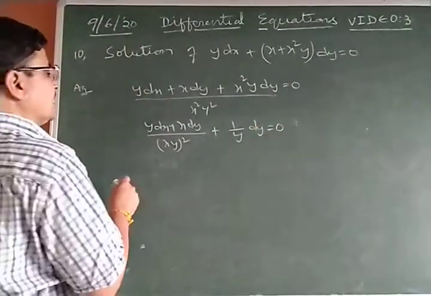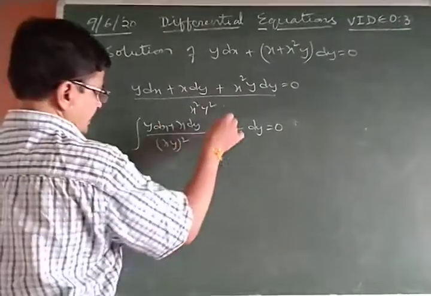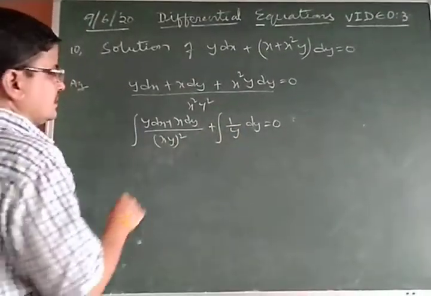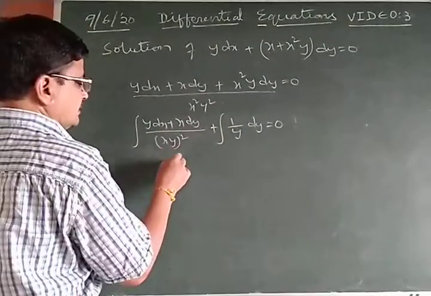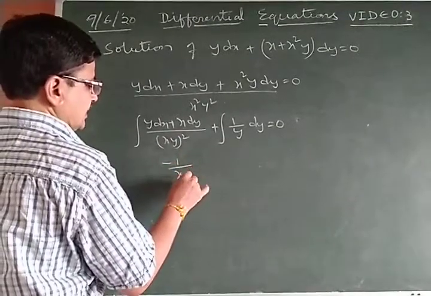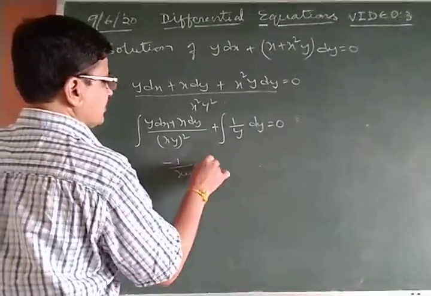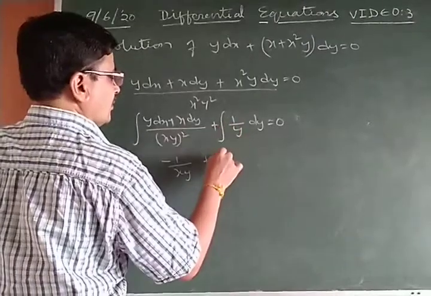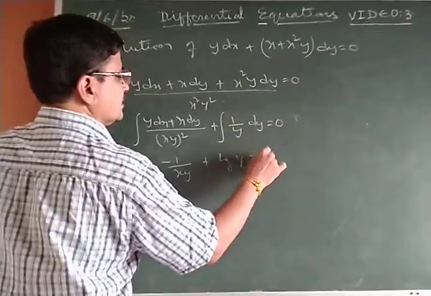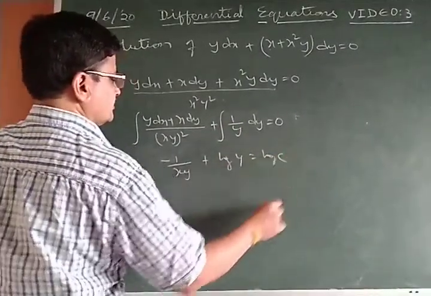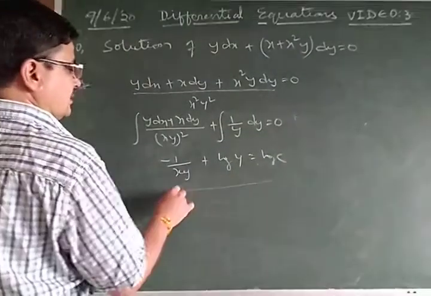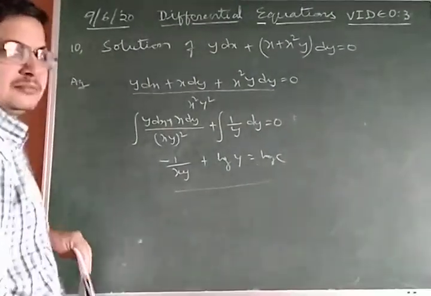Now applying integration on both sides. We know that minus 1 by xy plus log y is equal to log c. This is the required differential equation.